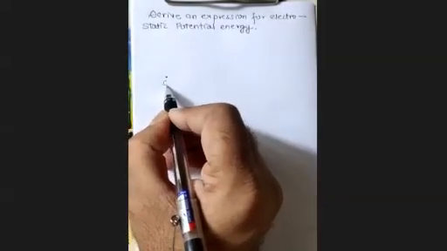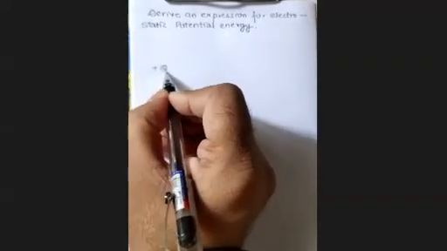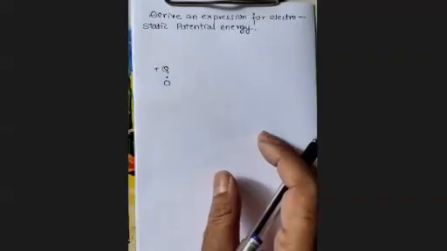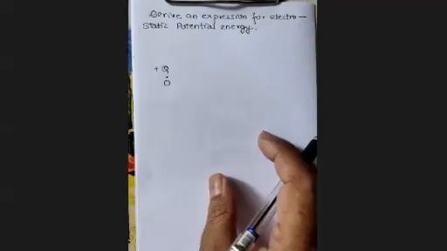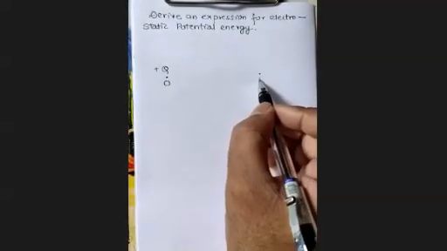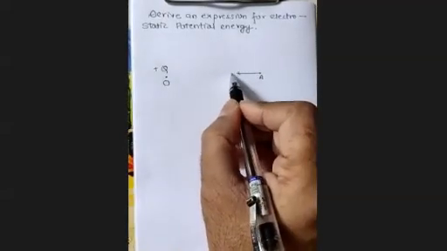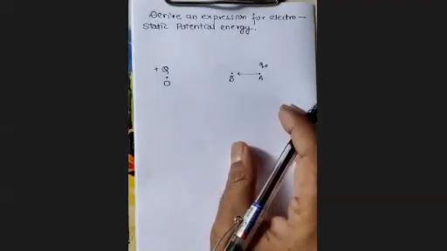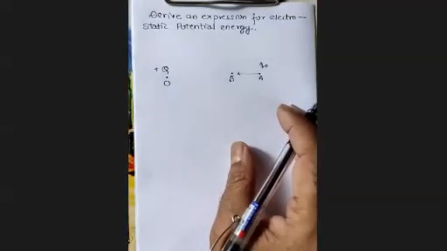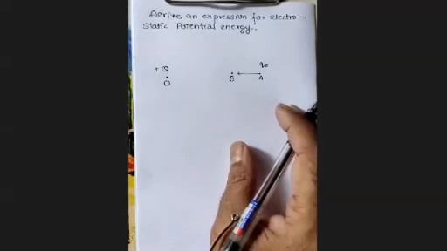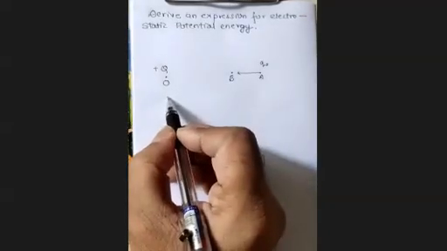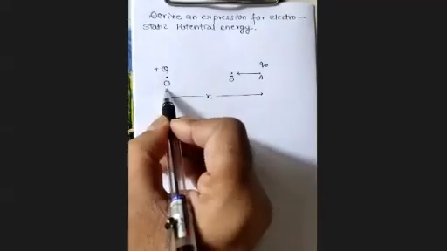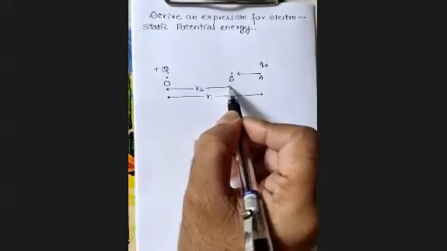Suppose this is origin O where the charge positive capital Q is placed, and let a small charge Q naught be brought from any point A to B. Let R1 and R2 be the distances from point O to A and O to B respectively.